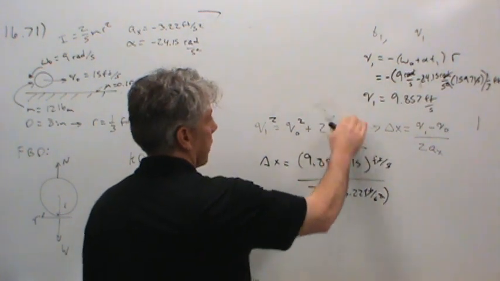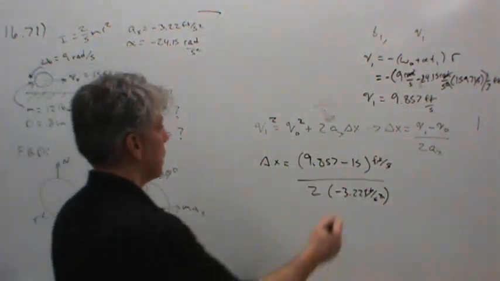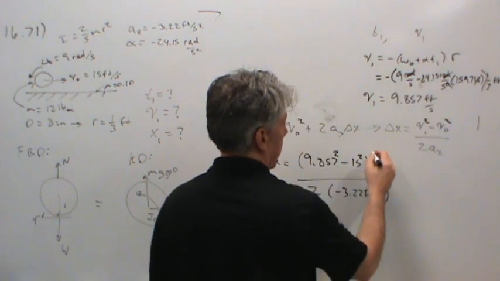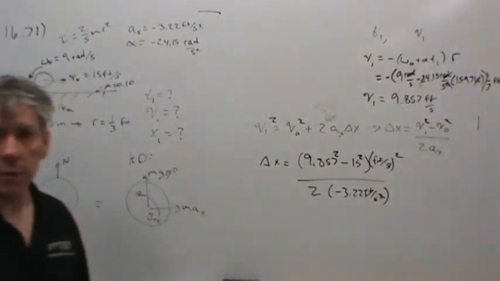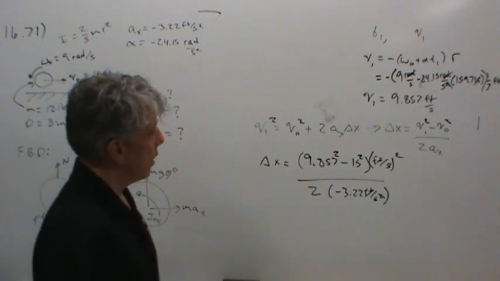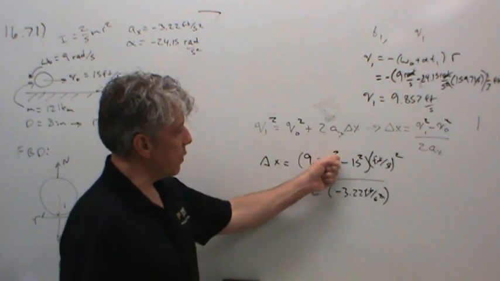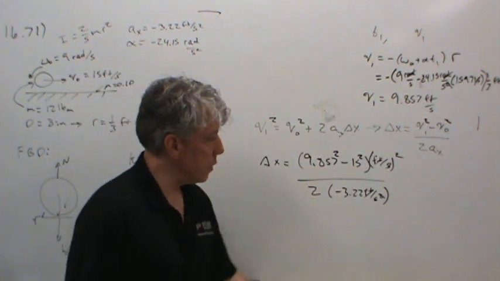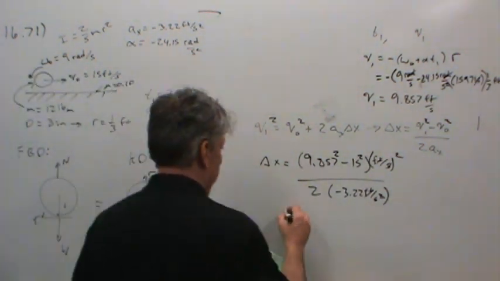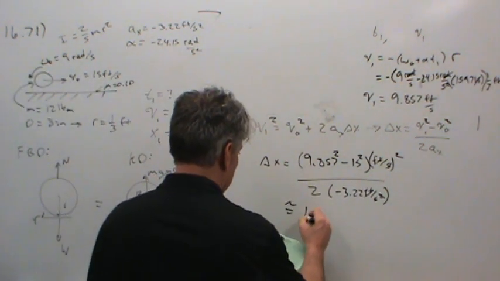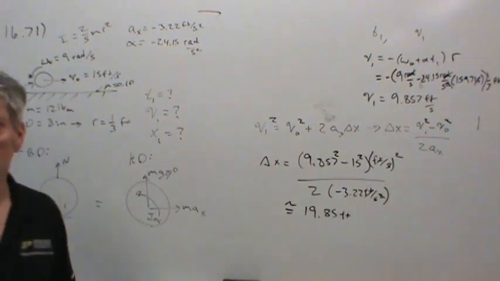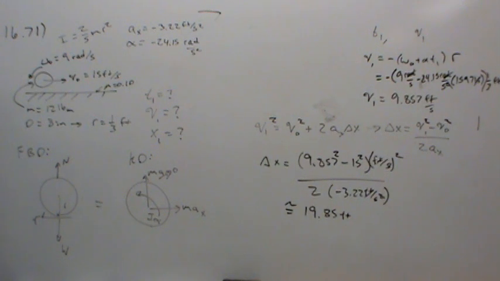So I need to square each of these terms. And that would mean these units are squared. See, units save you. Love units. We need to love them too. So take 9.857 squared minus 15 squared, divide by 2, and divide by negative 3.22. You should get what I got from the other equation, about 19.85 feet.